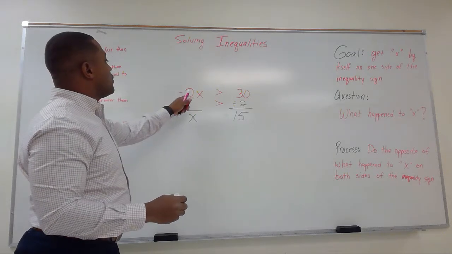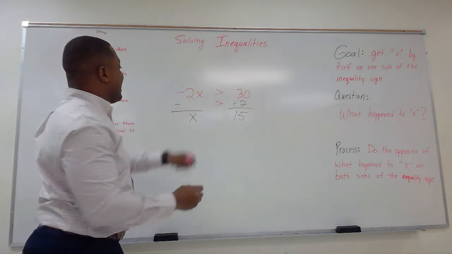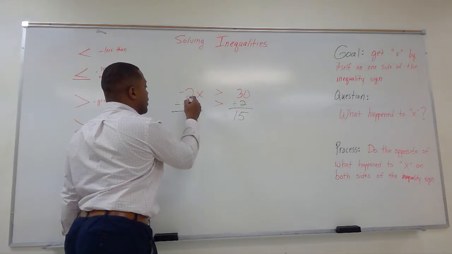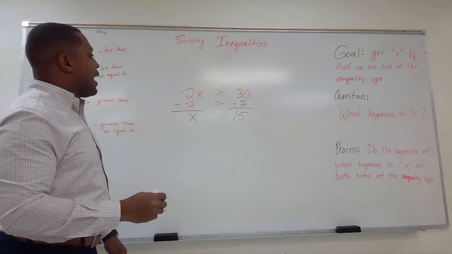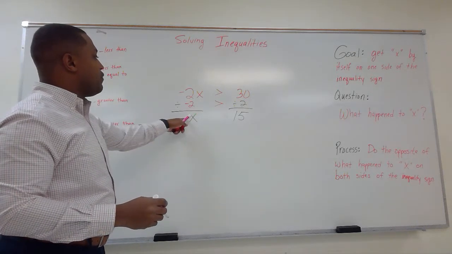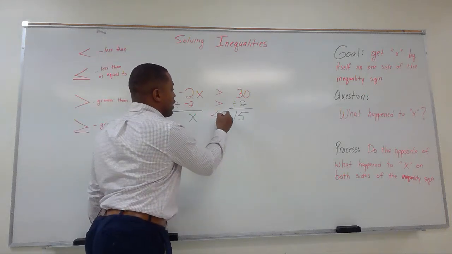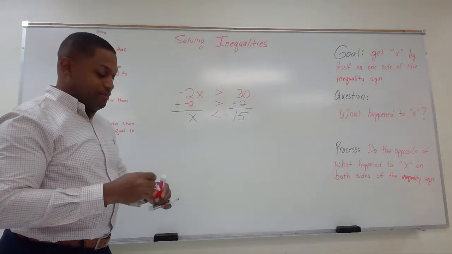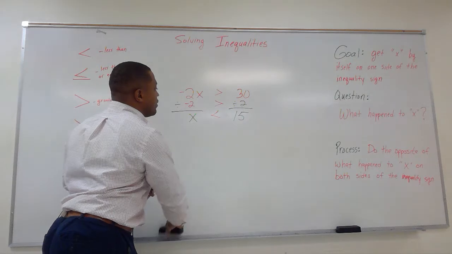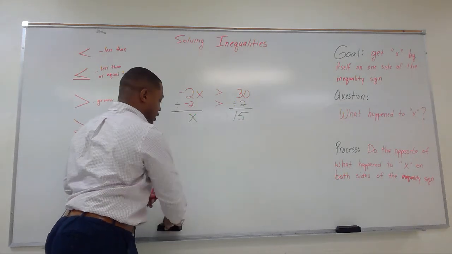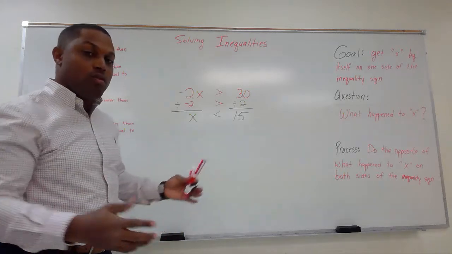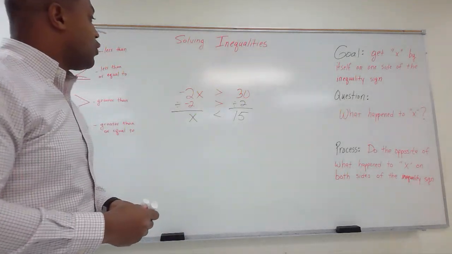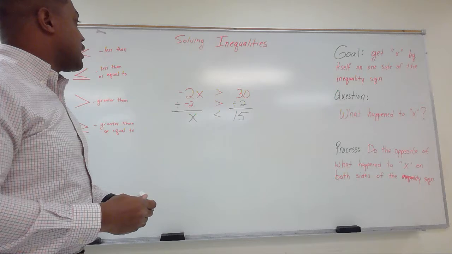If I'm going to multiply by a negative number, or divide by a negative number, then that means when it comes down to the final line, I'm going to flip the sign. Okay, flip the sign. That's just one little thing that I wanted to make you aware of if you're doing inequalities.